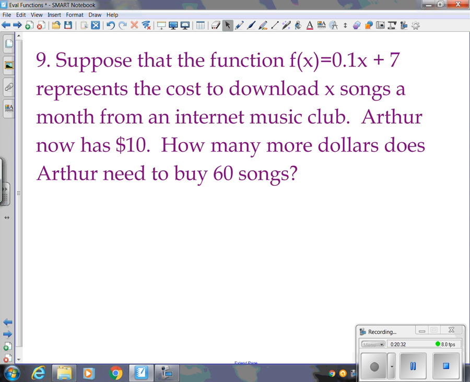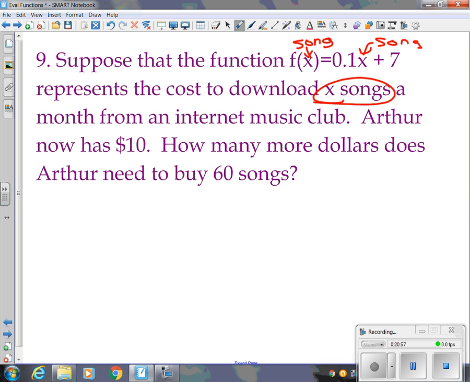Number 9. Suppose the function represents the cost to download. What's X stand for? X has got to be a songs number. So whatever number goes in here has got to be a song number. Let's see.